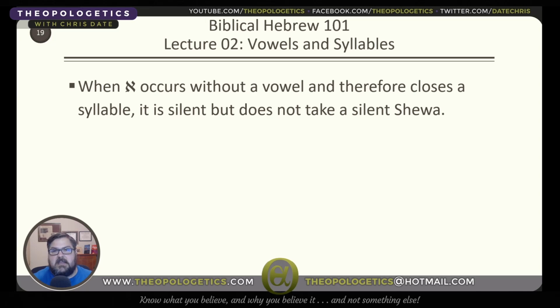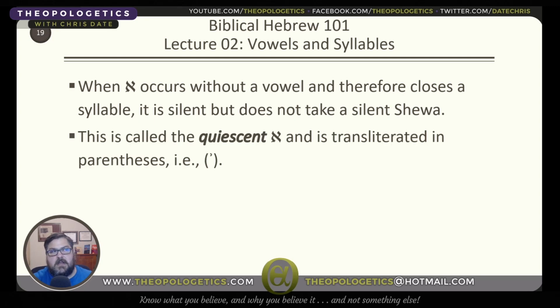What this is saying is that sometimes an aleph closes a syllable and is silent, but doesn't take a silent shava. This is called the quiescent aleph, and it's transliterated in parentheses. So normally the aleph is simply transliterated using that rightward pointing apostrophe-like symbol. When the aleph is quiescent, that symbol is placed in parentheses.